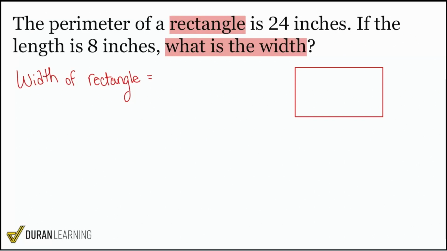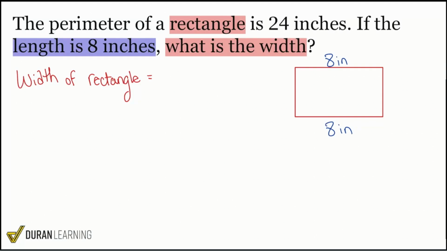Okay. Now we know that the length is 8 inches. They give us that right there. It's going to be 8 above and below. And then what else are we given, everybody? What other piece of information are we given that might help us out? Oh yeah, we're given the perimeter, and that perimeter is 24 inches.